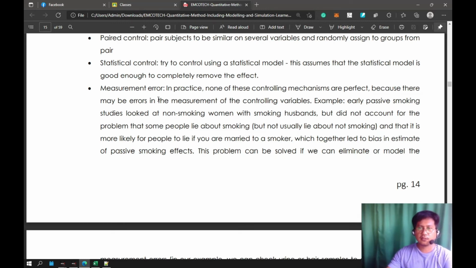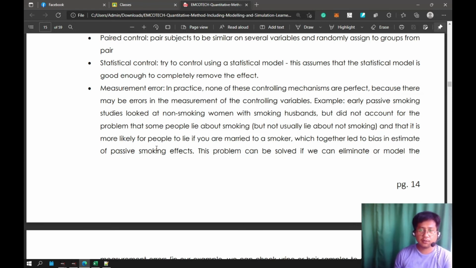Measurement error: in practice, none of these controlling mechanisms are perfect, because there may be errors in the measurement of the controlling variables. Example, early passive smoking studies looked at non-smoking women with smoking husbands, but did not account for the problem that some people lie about smoking, and that it is more likely for people to lie if they are married or a smoker, which together lead to bias in the estimate of passive smoking effects.